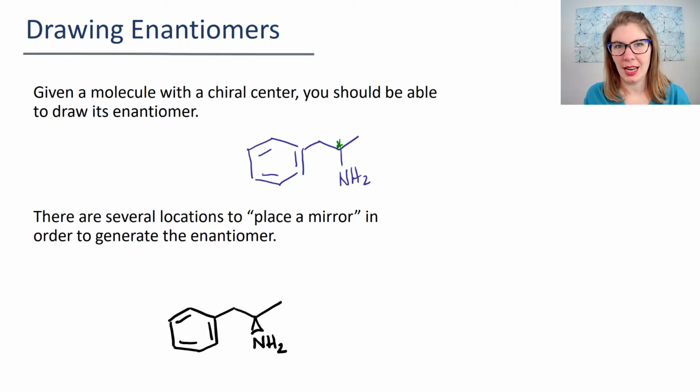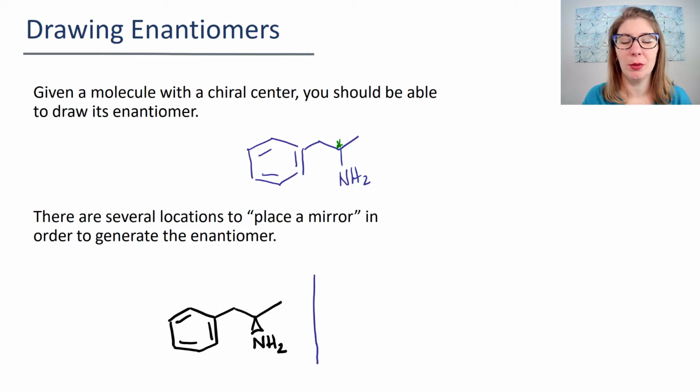When we're drawing enantiomers, remember that these molecules are mirror images of one another. So we need to start visualizing where we are going to put the mirror when we draw the mirror image. There's several locations, and we're going to talk in detail about two of them. One location would be a mirror to the left or the right.